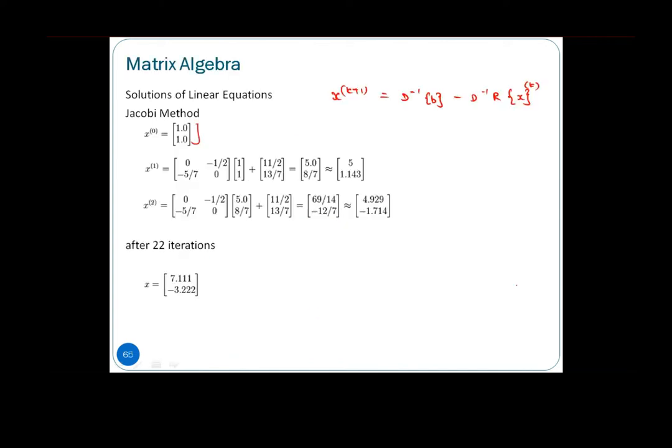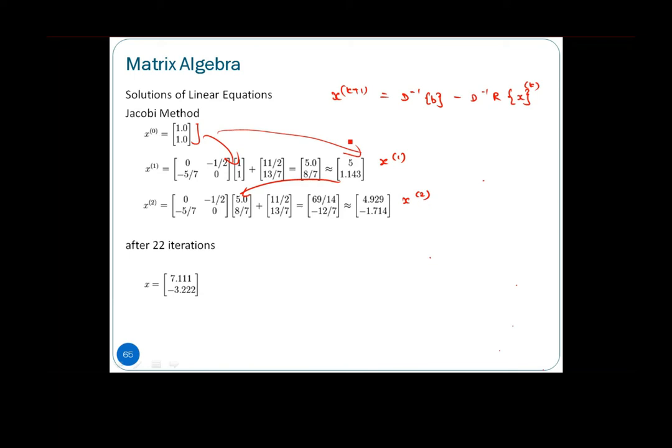So I put the negative at the front, multiplied with my current x value. Then I will get my next iteration value, which is 5. This is my x1. This value will be substituted into here for the second iteration to find my x2.